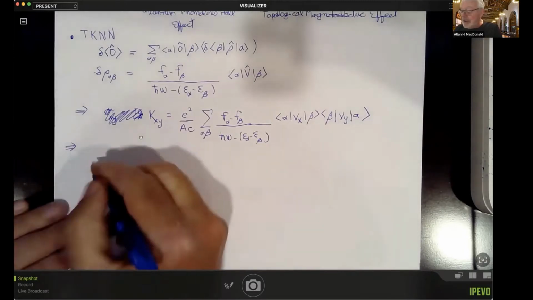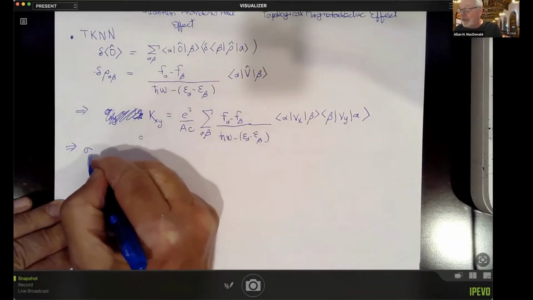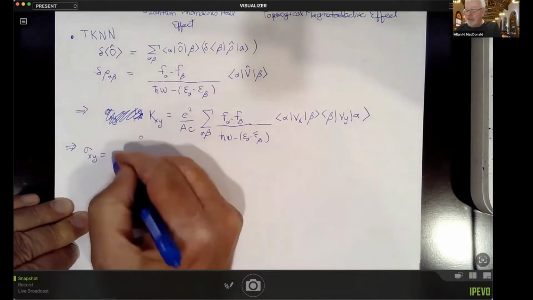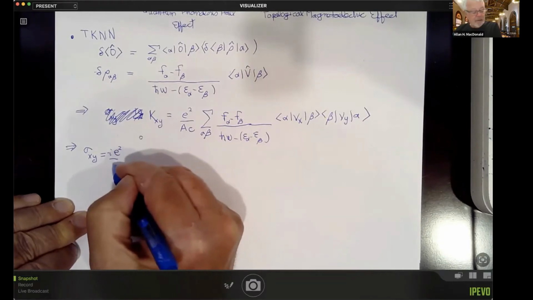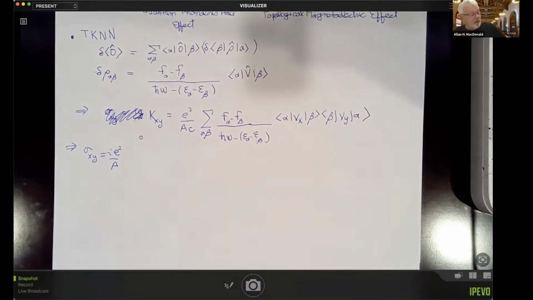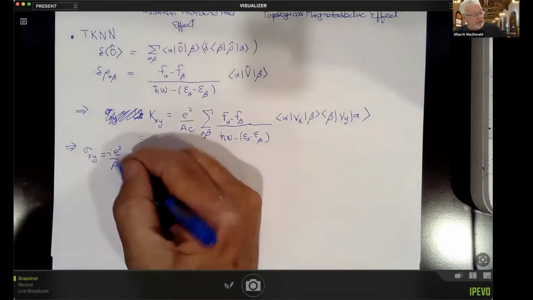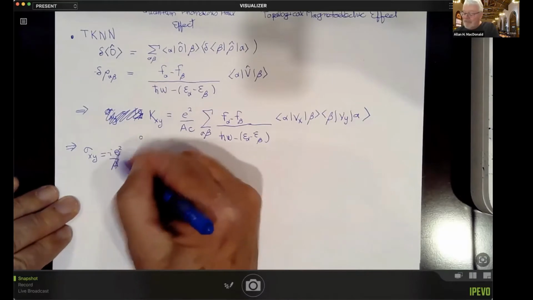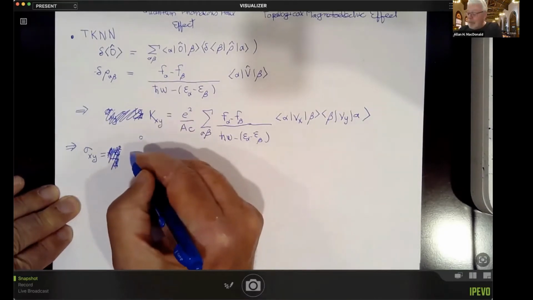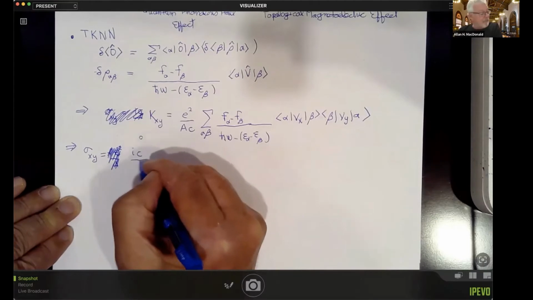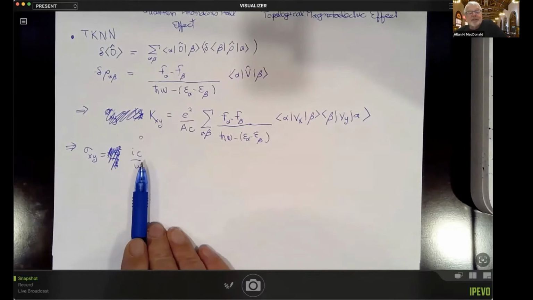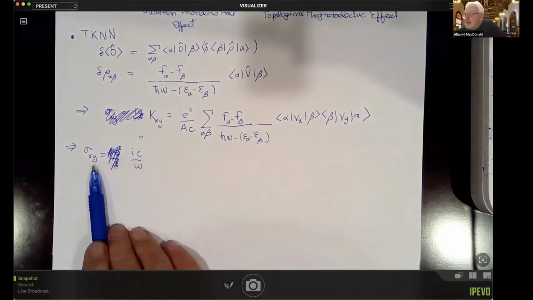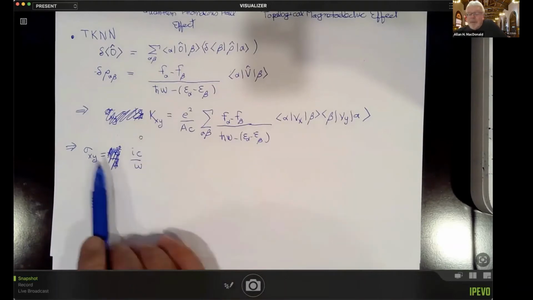Then we have to remember two things to give the expression for the Hall conductivity. First of all, we want to express the response not in terms of response to a vector potential, but response to electric field.